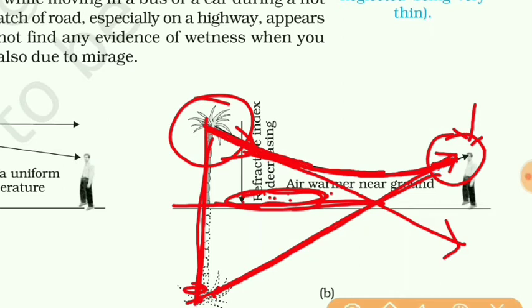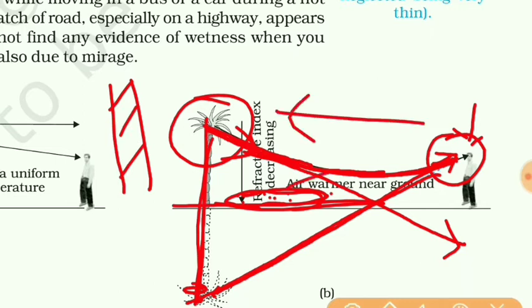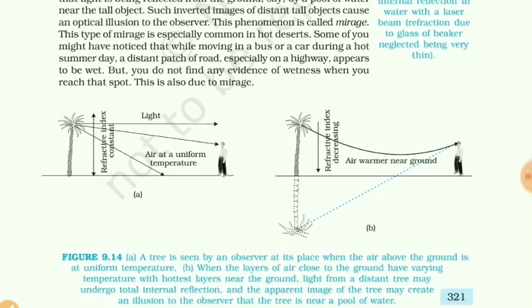And you can also observe the image of any building in front of you in the surface of that road. So this is due to total internal reflection.